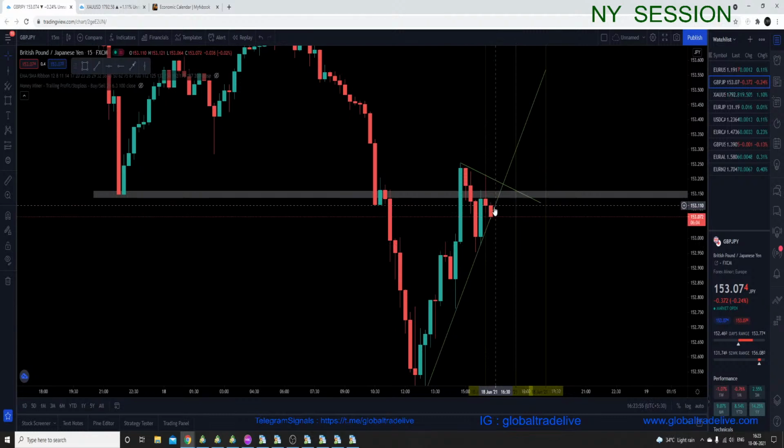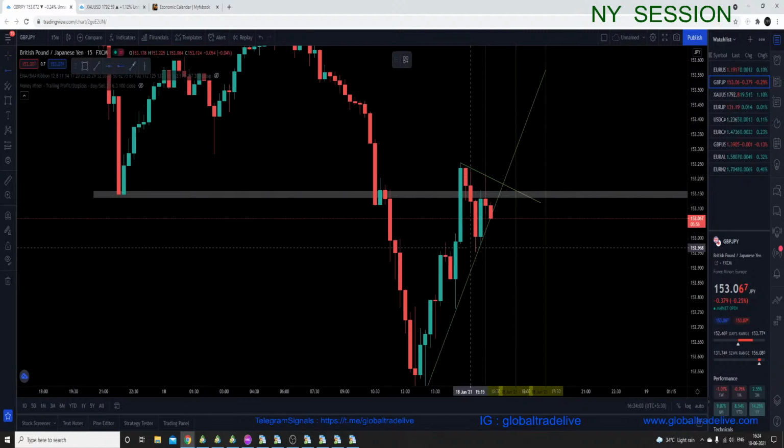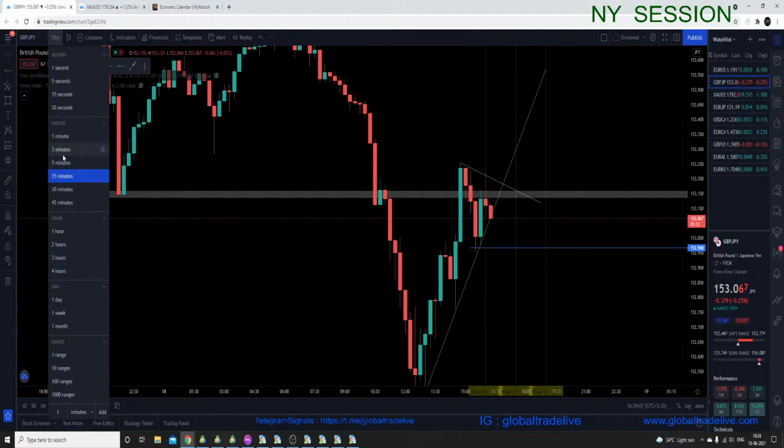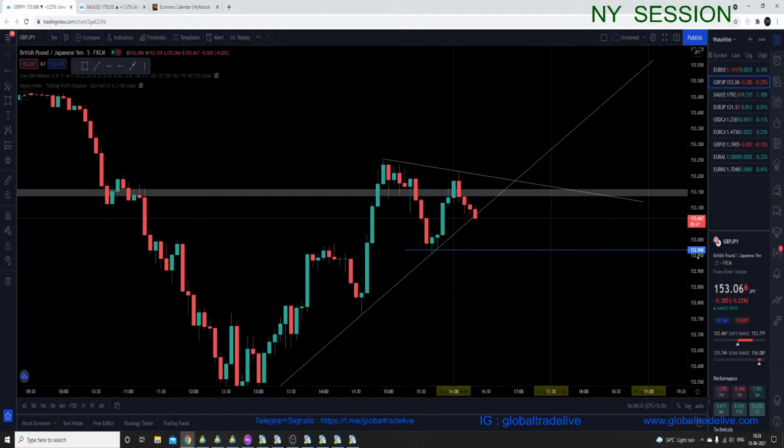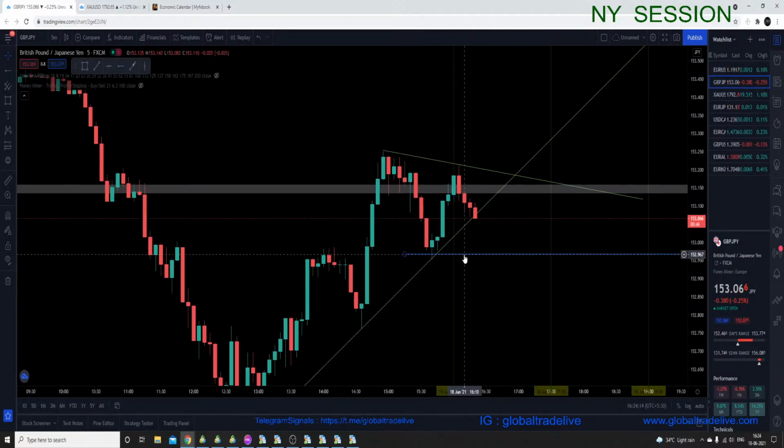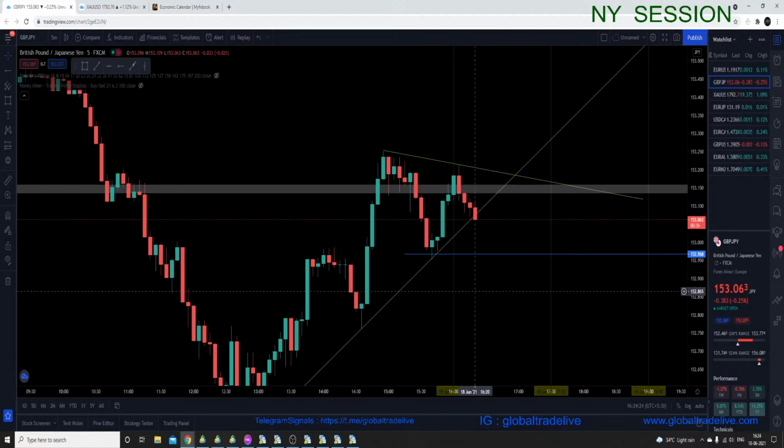So I may execute a sell trade when the candle starts to break this low over here. Let me just give it a line, so this will be my execution point. If we look at this point in the 5 minutes, maybe the 5-minute candle coming down to this level might reject, create a resistance, and then it might just fall down.